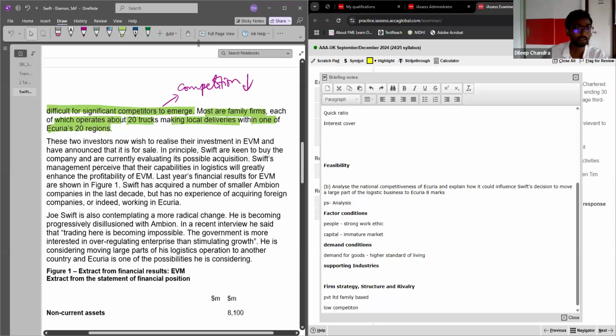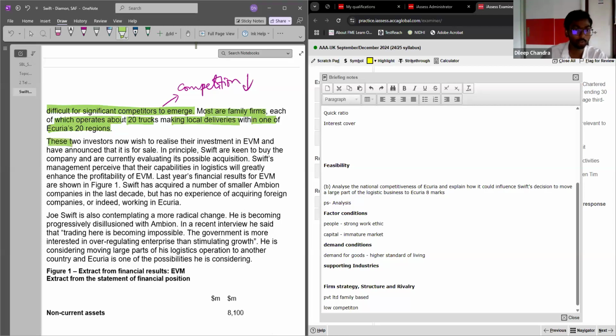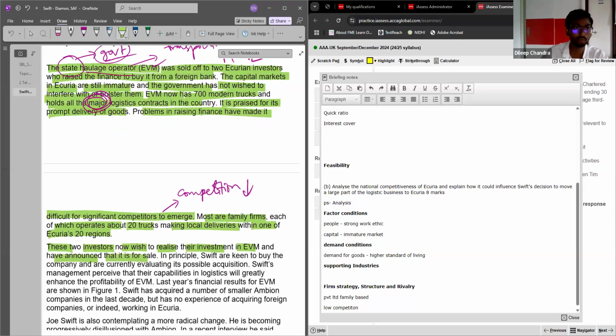No problem. These two investors now wish to realize their investment in EVM and have announced that it is for sale. Oh, so what we understood so far is, in this Ecuria, this is the country, the government is operating this entity EVM, which is transporting goods from one place to another.